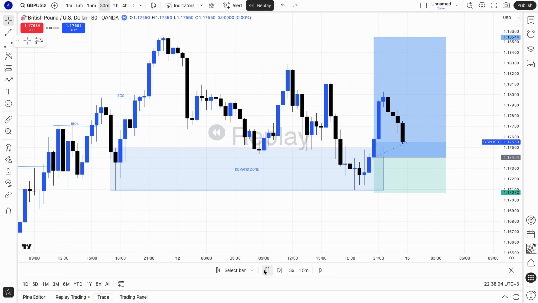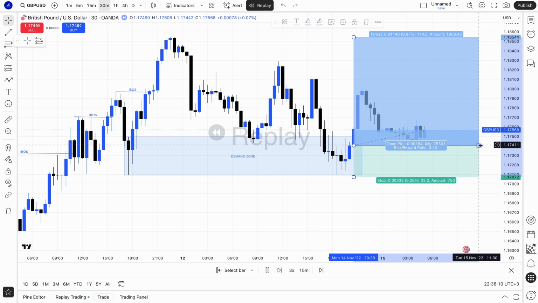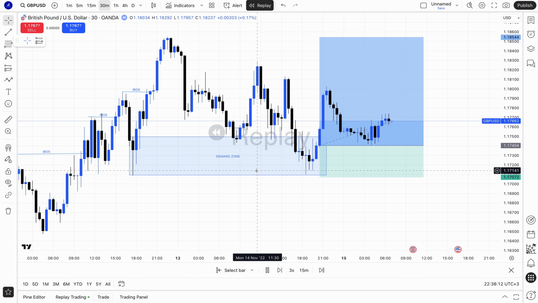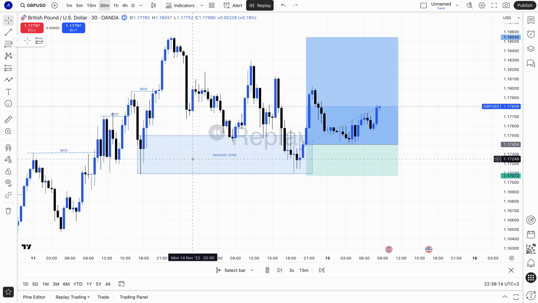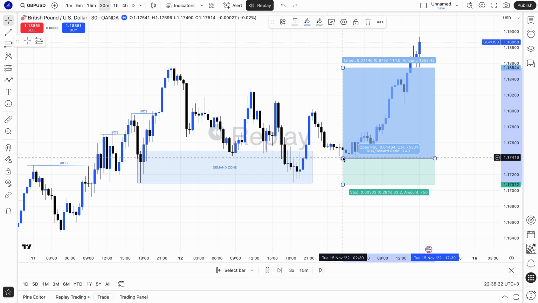This time around, let's see what really happens. Price came back to our entry. At that moment, you just put your stop loss to break even, and you protect your capital. Clean, clean.